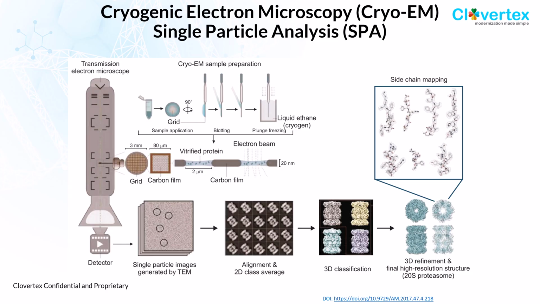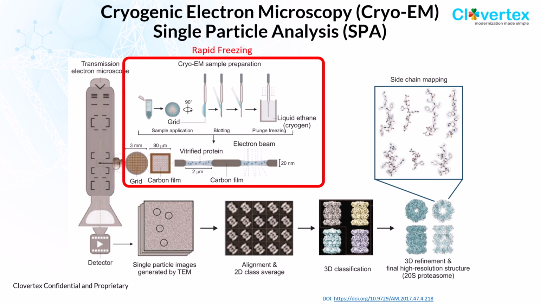Toshio-san, if you don't mind, very quickly, can you talk to what single particle analysis is and why it is important? Okay, Devan. So I will just review the general principle and protocol of cryogenic electron microscopy, so-called cryo-EM. The most popular method is single particle analysis. For this, first, we need to rapidly freeze the solution of the protein.